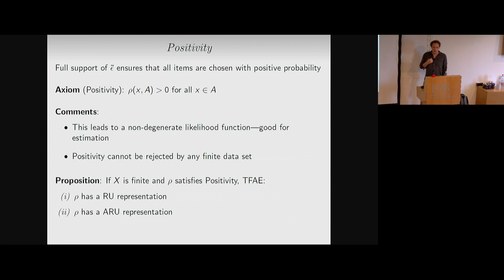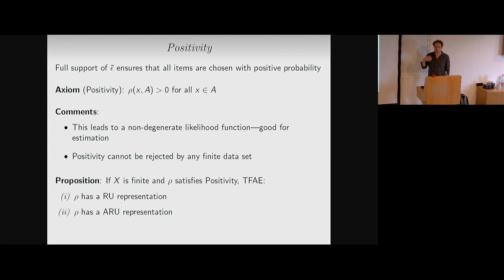The only thing that has bite is this assumption that epsilon has a positive density and full support. What this buys us is an axiom called positivity, and it just says that each item gets chosen with a positive probability. That's a convenient thing to have when you estimate things, like econometricians like to, because if something has 0 probability, and in your data you see that it was chosen, that refutes your model, you can't estimate that model at all.